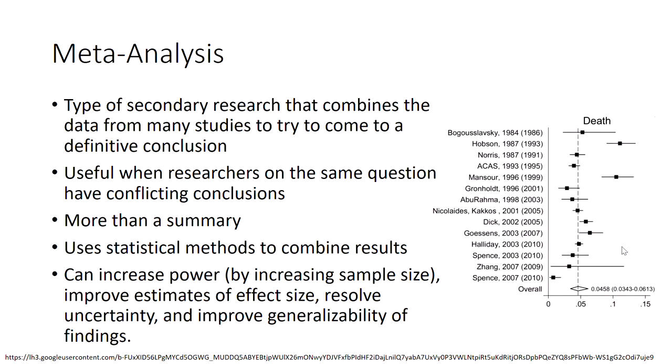It improves the estimates of effect size, resolves uncertainty, and improves the generalizability of the findings. So next to a randomized control trial, this is one of the things clinical practice is going to be based on. What is the definitive answer on best practice?